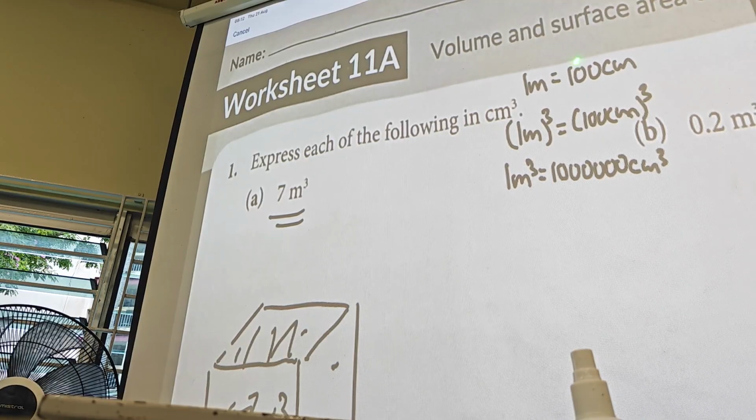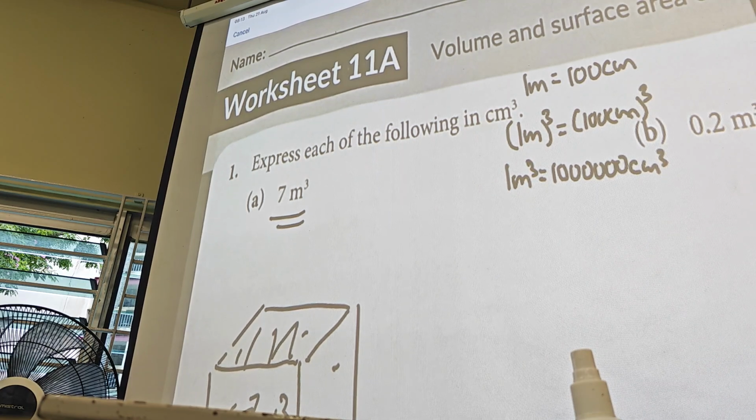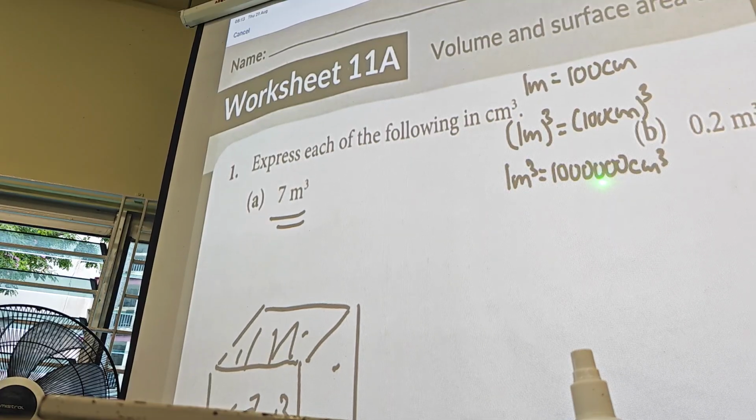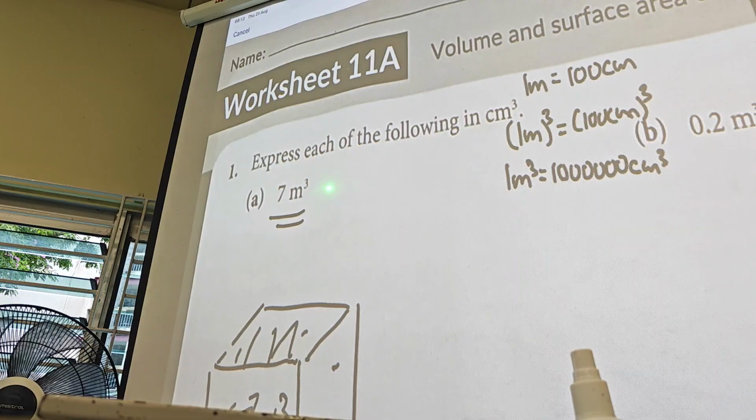So every time I do this conversion myself when I see this question, I don't need to remember 1 meter cube is 1 million cm cube. I just need to remember 1 meter is 100 cm. Then I can get the conversion of area, I can get the conversion of volume. When I want area, I square both sides. I want volume, I cube both sides.